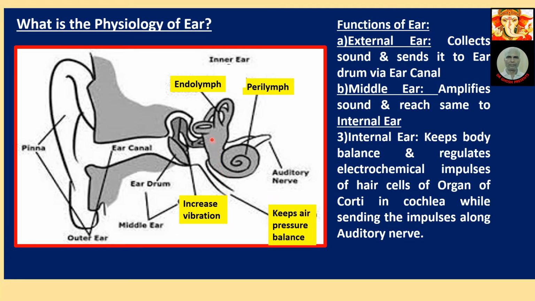They carry these fine sounds, convert them to electrochemical impulses and send them to the auditory nerve. The semicircular canal is filled with endolymph, another type of fluid, which keeps the body balance. Whenever we feel loss of balance, the endolymph gives the sensation that you are falling, so you need support. And these three small bones increase the vibration of the eardrum.